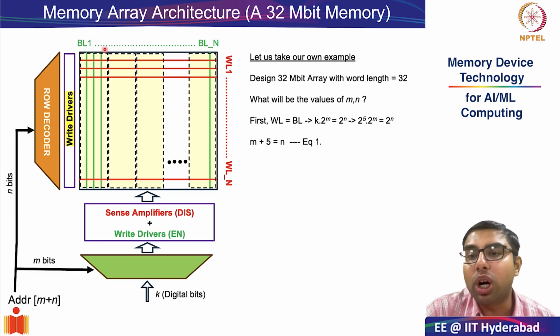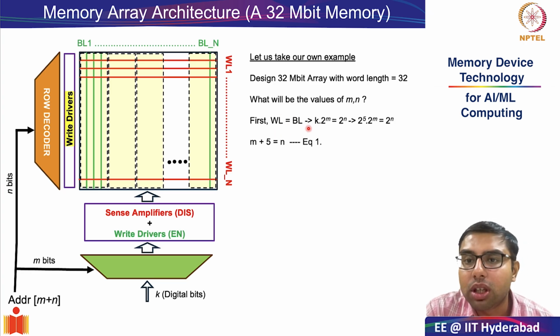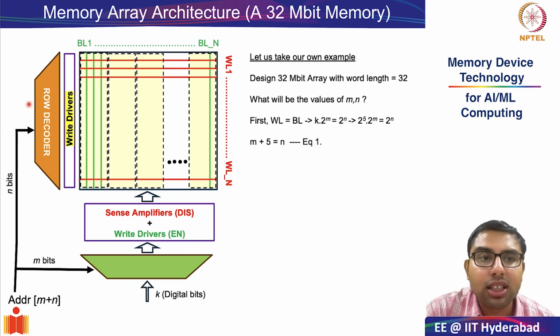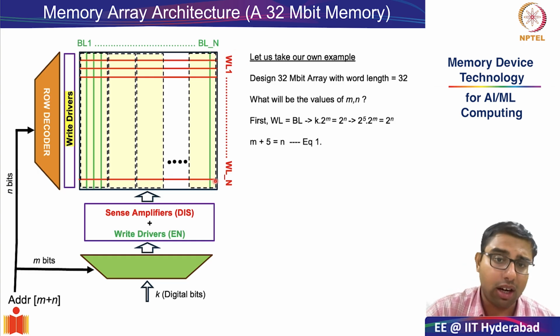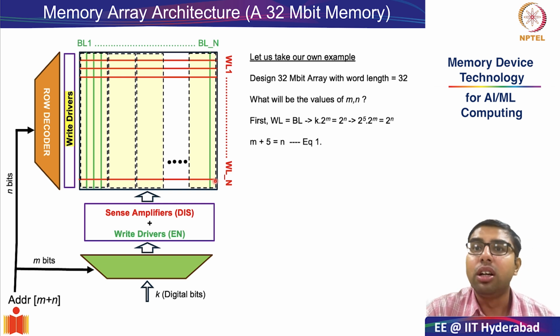The first consideration to keep in mind is that since we had a square array, the number of bit lines and the number of word lines have to be identical. This is what is indicated in this particular equation. So the number of word lines is 2 to the power of n because the input to the row decoder is n. So there can be 2 to the power of n word lines, which are indicated in red horizontal lines. And the number of bit lines will be k into 2 to the power of m.